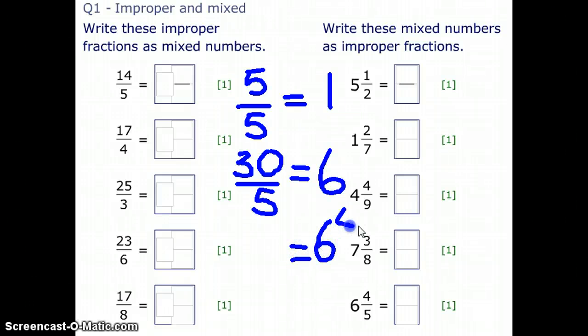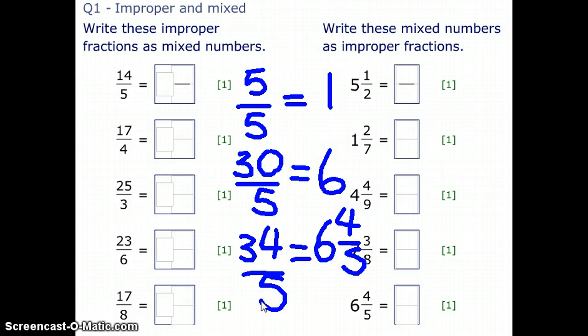I have 6 and 4 fifths. So 6 wholes was 30 fifths, plus my other 4 fifths gives me 34 fifths. And that's how we convert both improper fractions towards mixed numbers, and how we then convert back from mixed numbers to improper fractions.